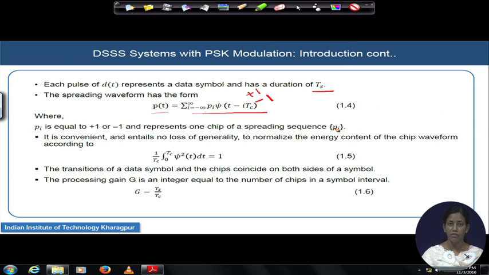Without any loss of generality, we can consider that this chip waveform is normalized to unit energy, such that if we integrate it over Tc, the duration of the chip, I will get the total energy equal to 1.